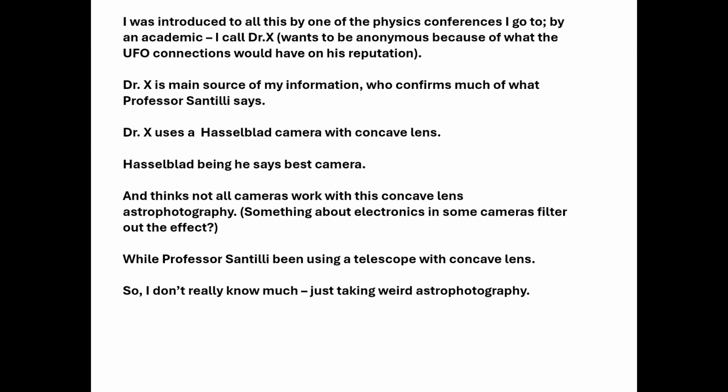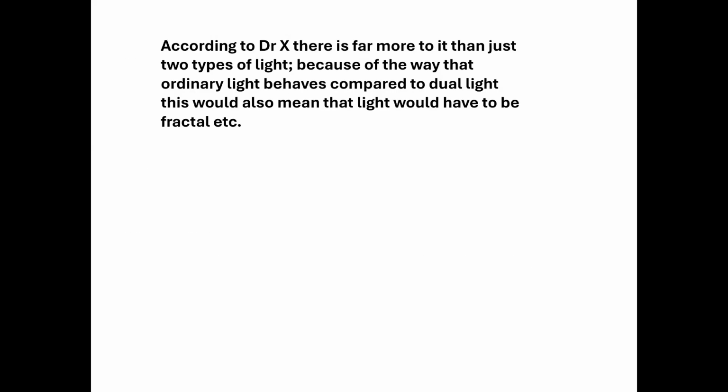Professor Santilli is instead using a telescope with a concave lens. I don't really know much about anything except for this weird astrophotography pictures I'm getting. According to Dr. X, there is more to it than just two types of light.